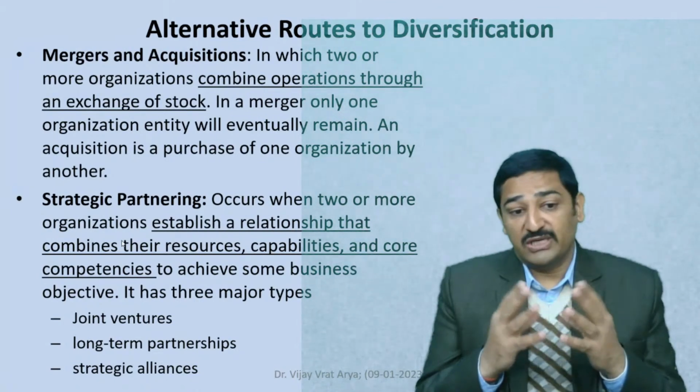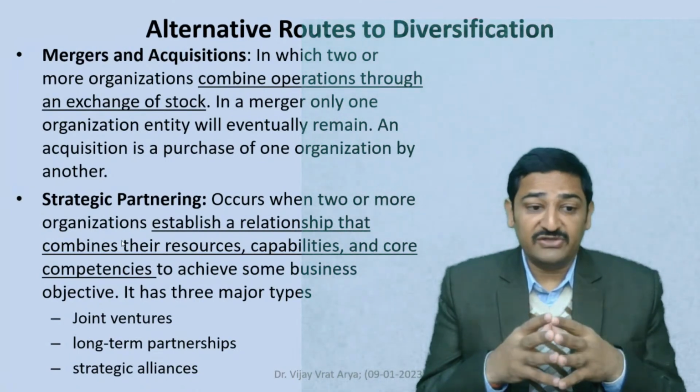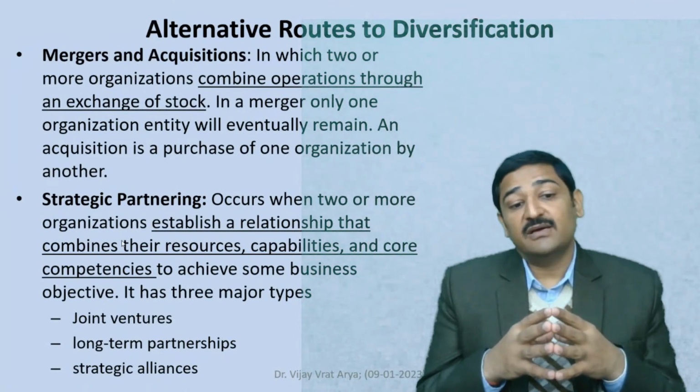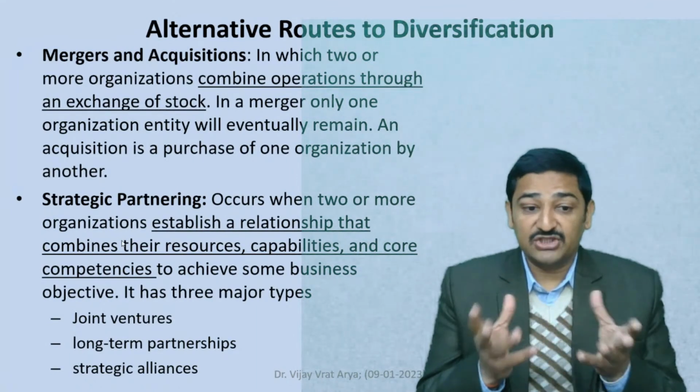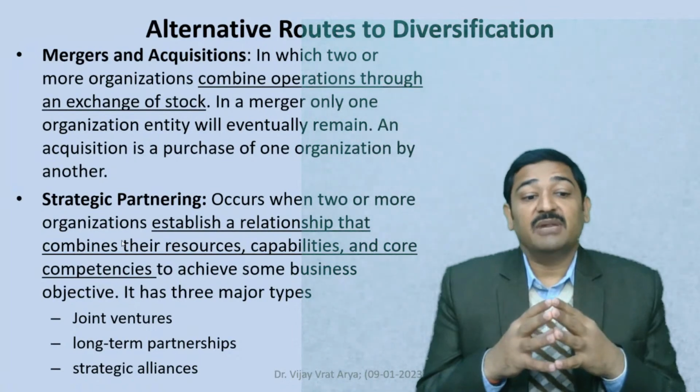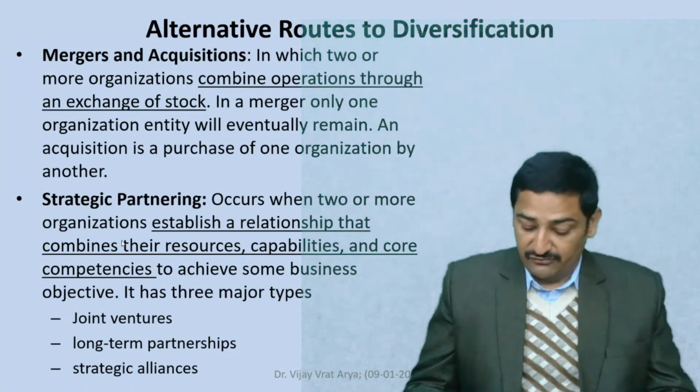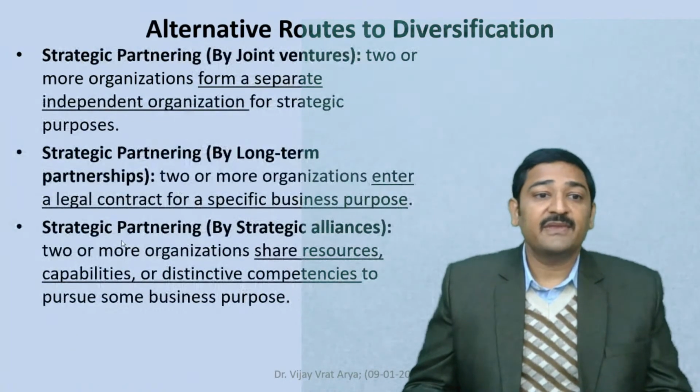One is by way of joint venture. The other is by way of long-term partnerships. The third is by way of strategic alliances. So we will be discussing these three.